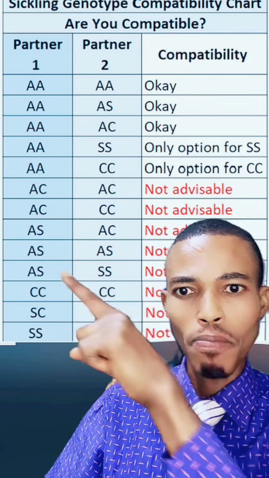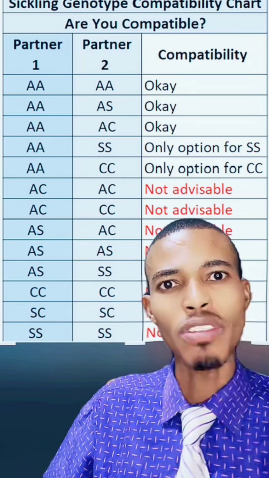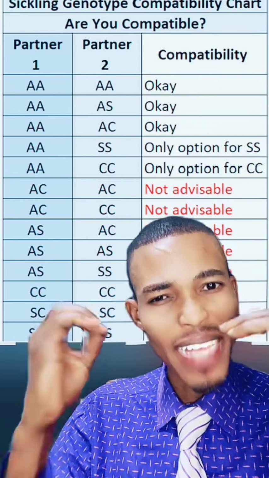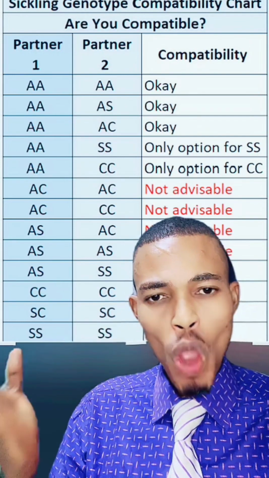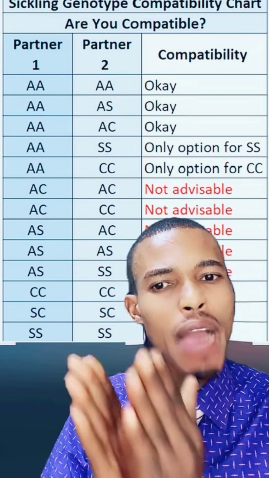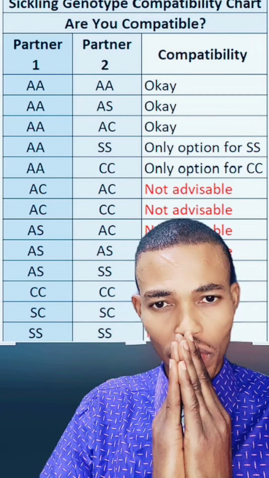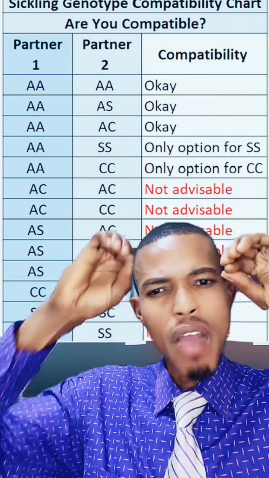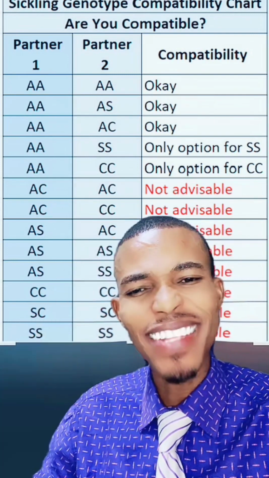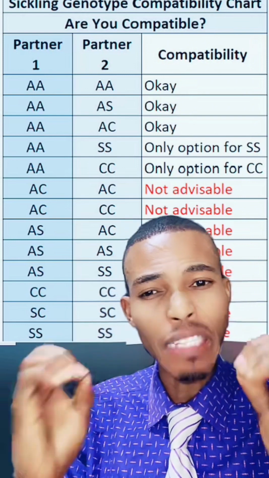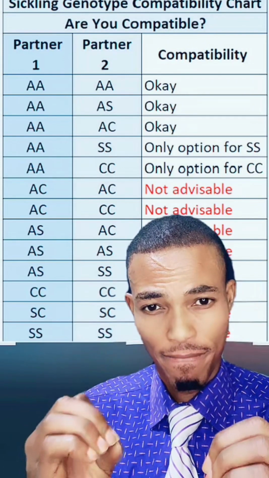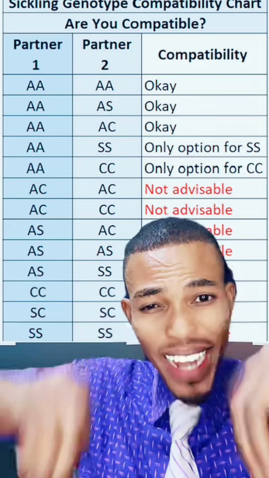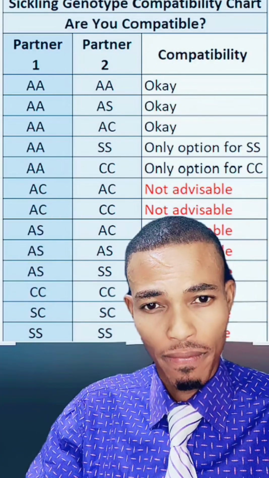Yes, SS plus AS. Who can guess what happened? They went ahead and still got married. Remember, we only tell you the facts, but we can't force you. Today, it's one of the biggest mistakes they have made, and they are living in regret up to date.